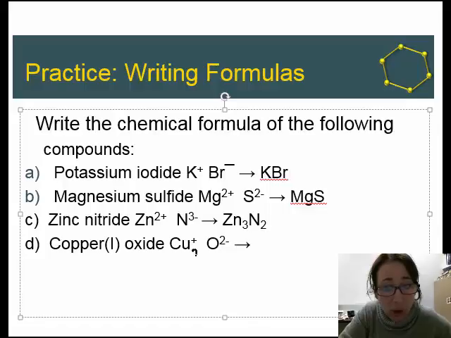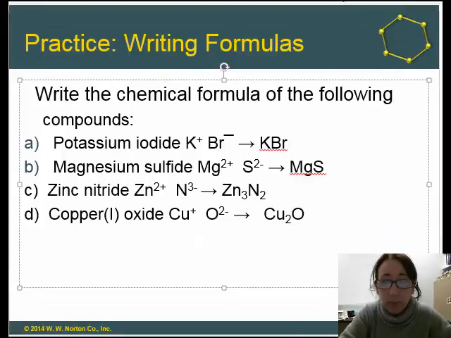So if I have 2 of my coppers, that means I'll have a total charge of +2, which will cancel out the -2 charge of the oxide. So this will be the formula of my compound, Cu2O. Copper 1 oxide, the copper has a charge of +1.